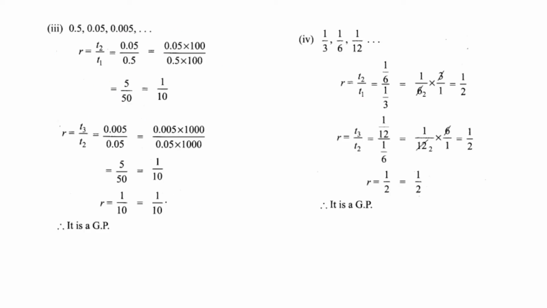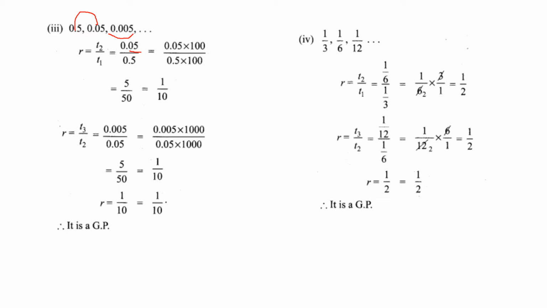Third one: 0.5, 0.05, 0.005. So here T2 by T1, that is 0.05 by 0.5. If the point is after 2 digits, you have to multiply by 100 and you get the whole number.